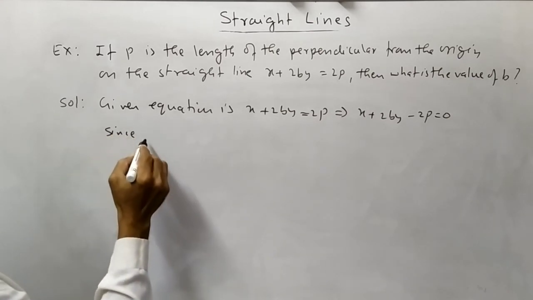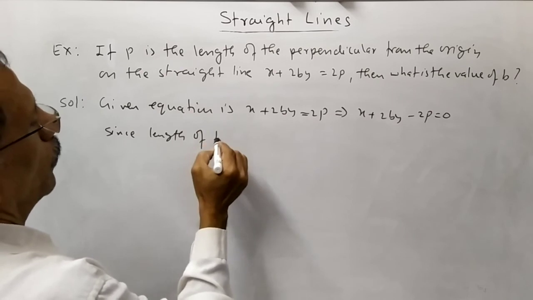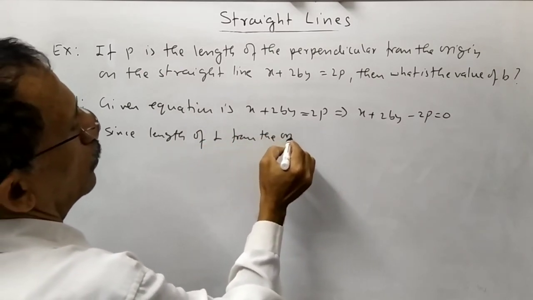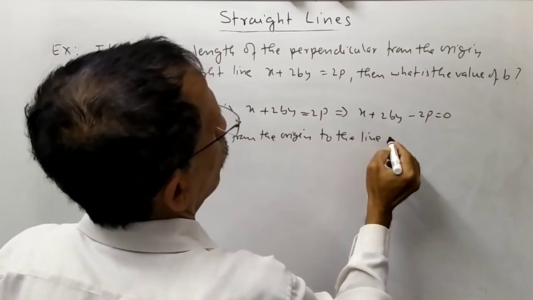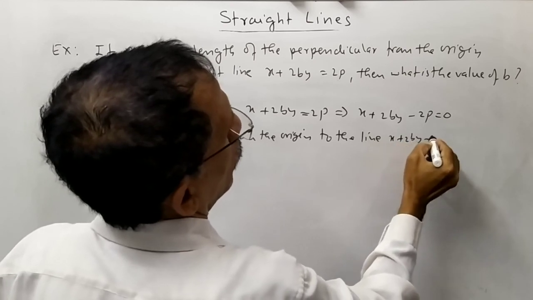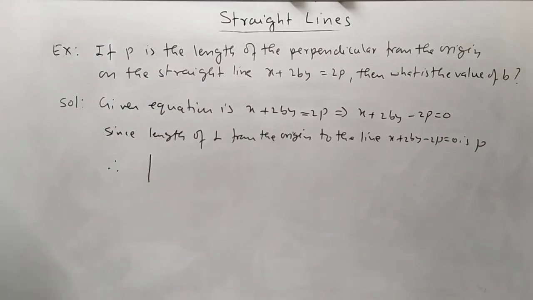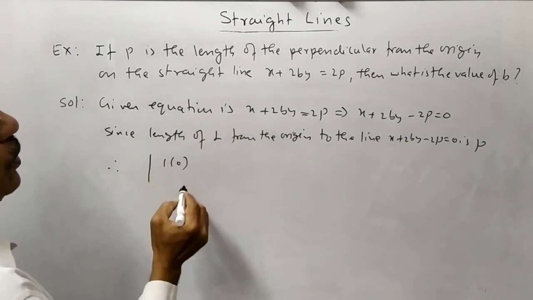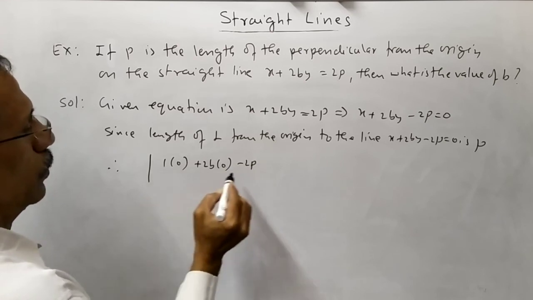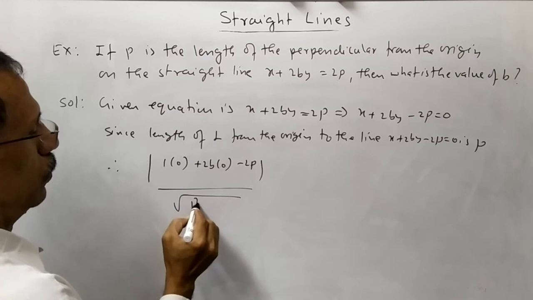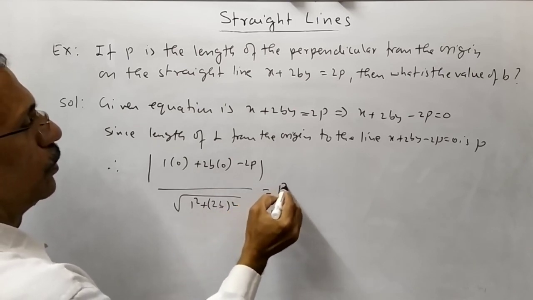Since length of perpendicular from the origin to the line x plus 2by minus 2p is equal to 0 is P, therefore 1 into 0 plus 2b into 0 minus 2p divided by square root of 1 square plus 2b whole square is equal to p.